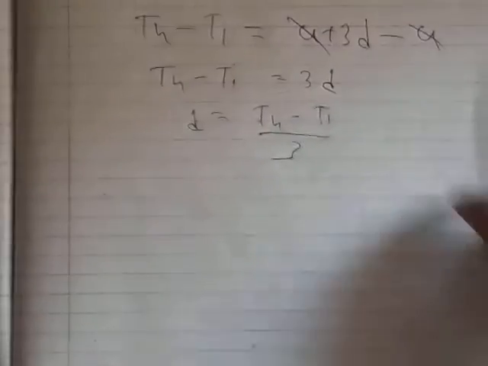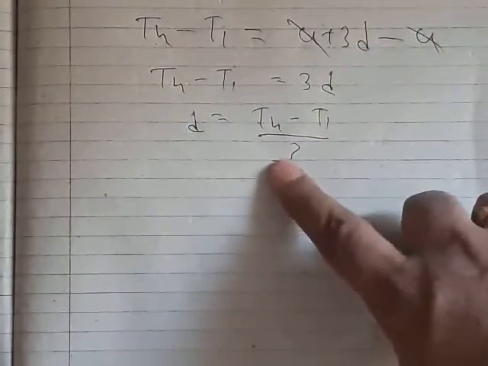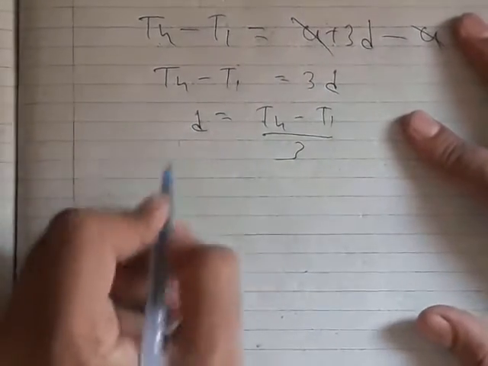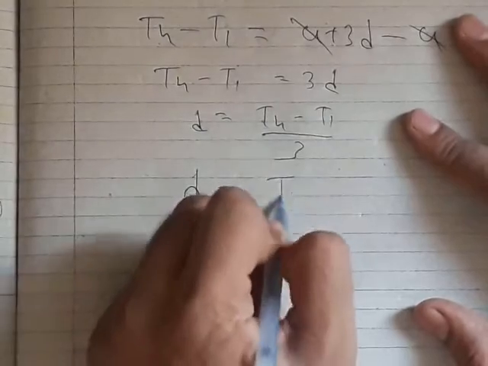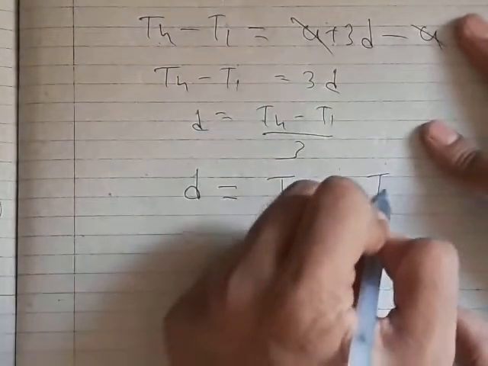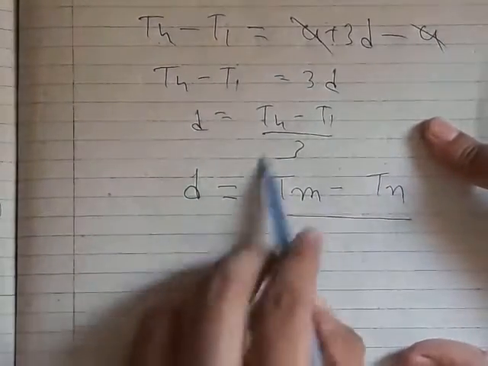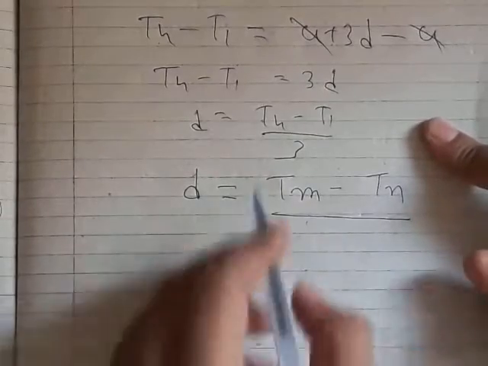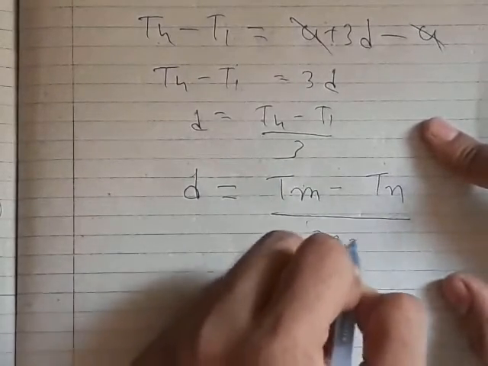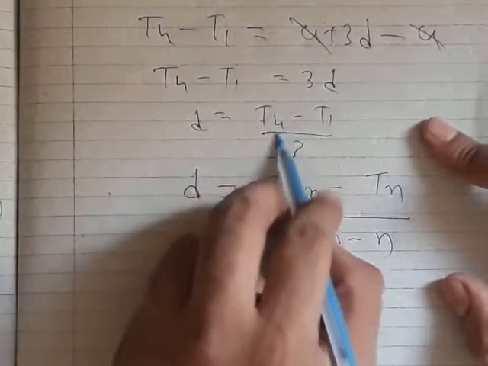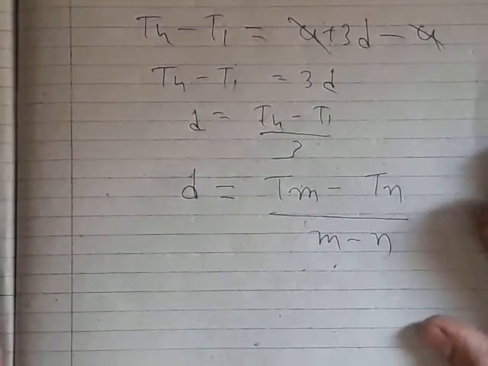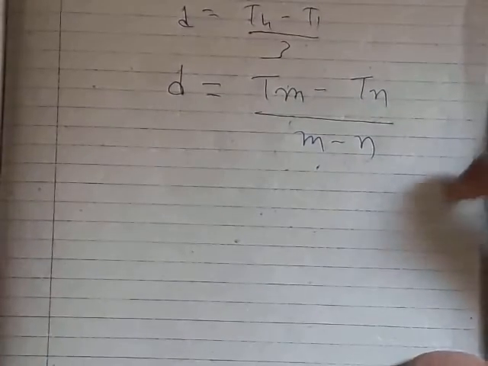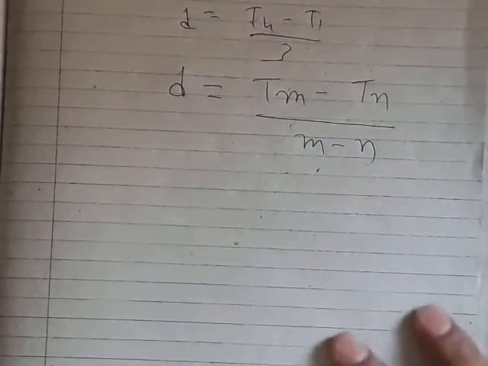Here 4 minus 1, that is 3. So we can make a common formula for D: Tm minus Tn, and in the divisor we do m minus n, something like 4 minus 1. So this is the common formula that we can use to find D.